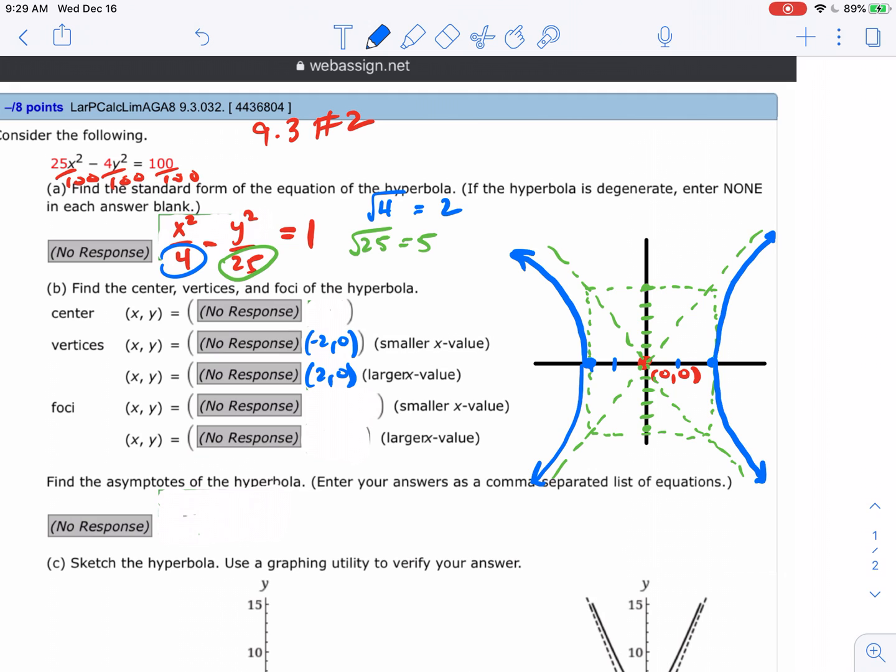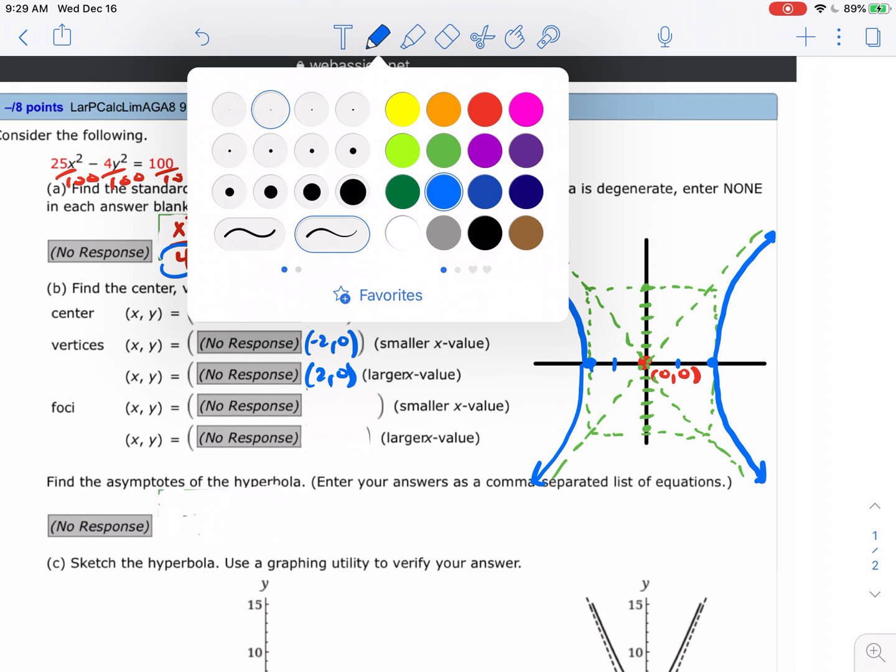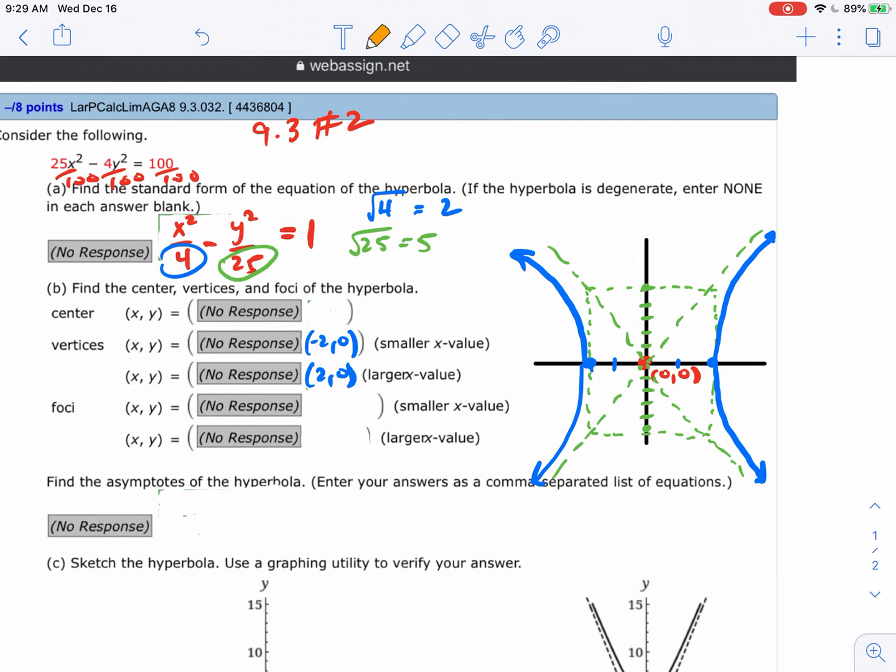And now we can find where to place the foci. So that formula is c squared equals a squared plus b squared. So my c will be the square root. All you have to do is add both denominators together this time. So that's the square root of 29. So a little bit more than 5. So I'd go 1, 2, 3, 4, 5, and a little bit more.